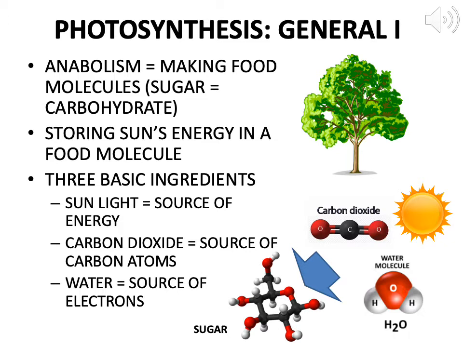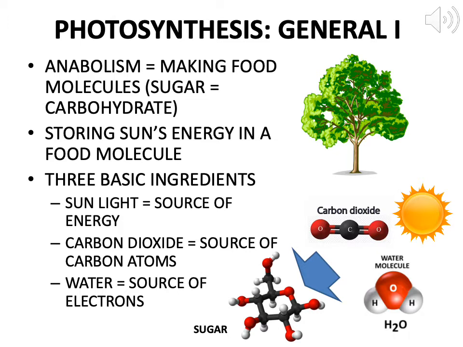And we've already mentioned there are 3 basic ingredients: sunlight, carbon dioxide, and water. But we need to know what those ingredients represent. We're building a food molecule, so we need a source of energy, which is the sunlight, the energy which we will store in that food molecule. We need carbon atoms to construct the food molecule, and that's what carbon dioxide is. It's our source of carbon atoms.